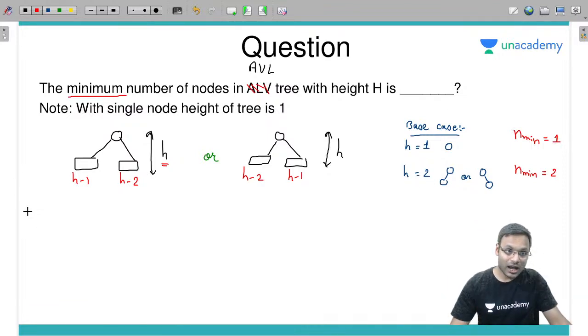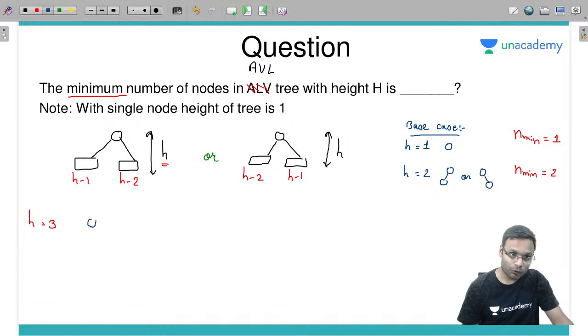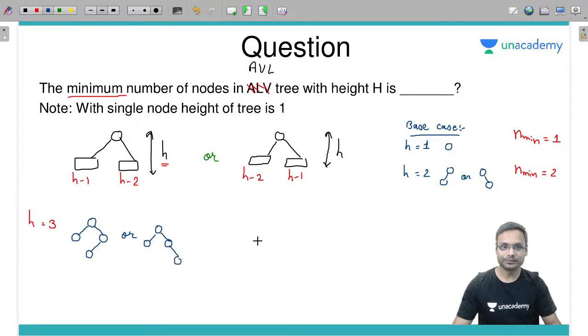Now based on this, we will construct the next cases. How? Suppose I want height h equal to 3. Height 3, minimum number of nodes. So from here, one side you need to have the minimum node tree with height 1. One side you take the AVL tree with minimum nodes with height 2. So you can take this or this also. Means you can take one side height h minus 2, one side height h minus 1.